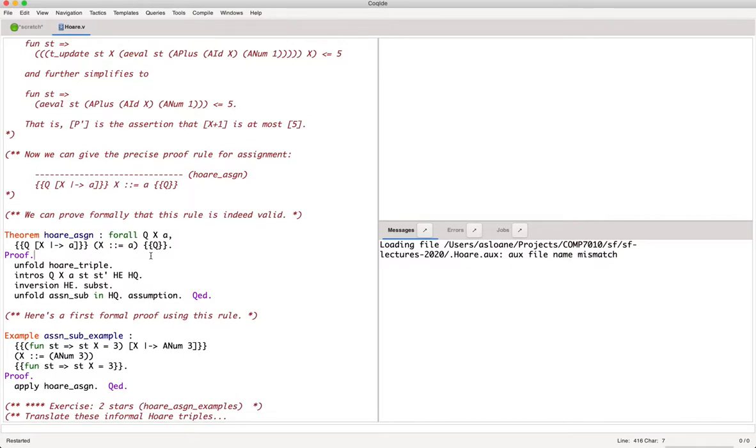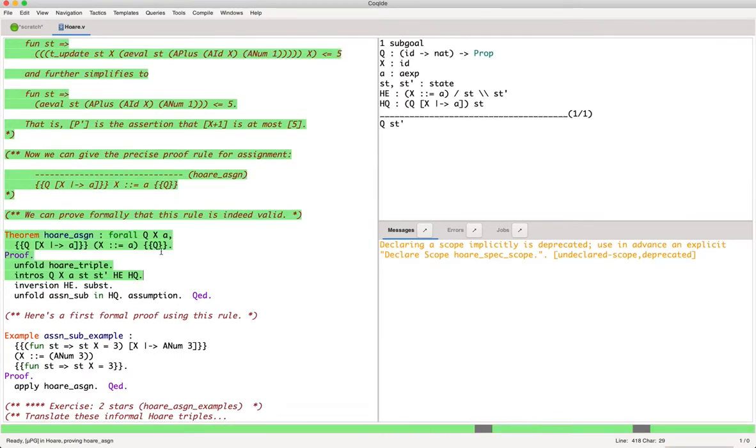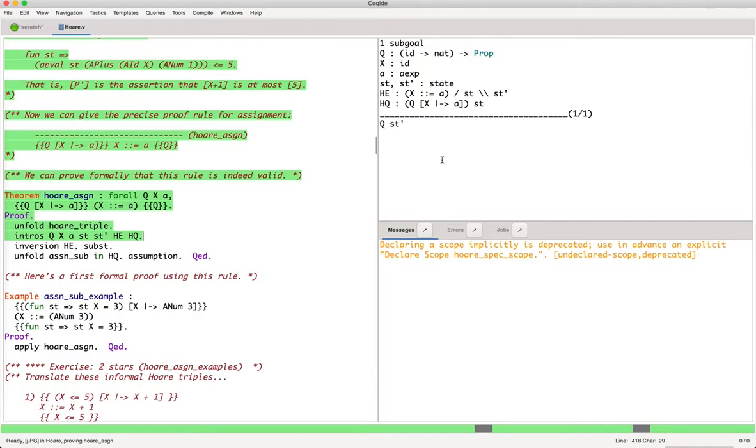Okay, and it basically hinges on this position here, where we know that we can start in state st and run the assignment, and we end up in st prime. We know that the precondition holds in st, and we need to show that the postcondition holds in st prime. So the first thing to do is to take advantage of the fact that this is an assignment, so it tells us a relationship between st and st prime.